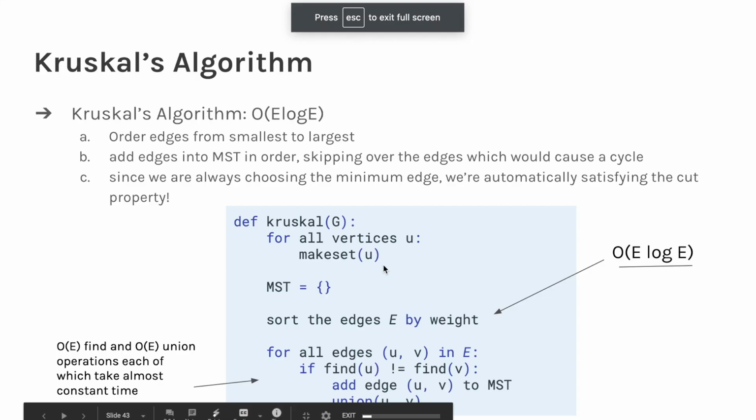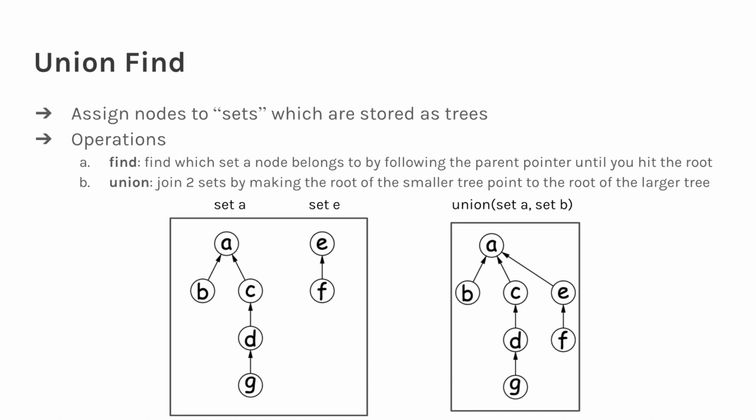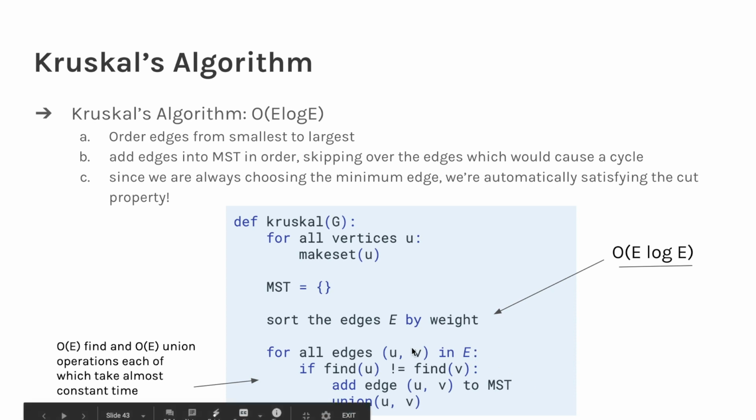Okay. Quick detour into union find because we are using this in Kruskal's. It's a data structure where we keep track of elements in sets, and we can check whether two elements are in the same set or not. The reason it's useful is we're adding all our vertices to sets.